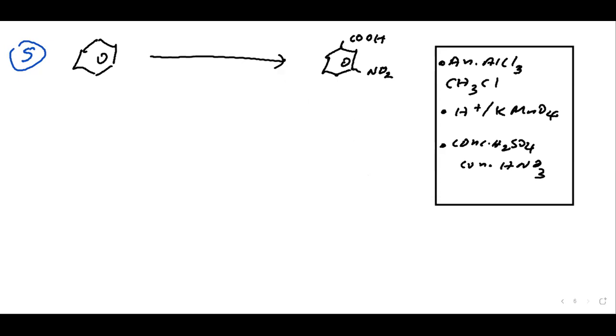Okay, now how to do it? Any volunteers? Tamasha gave the correct answer. What about the others? What should be added first?